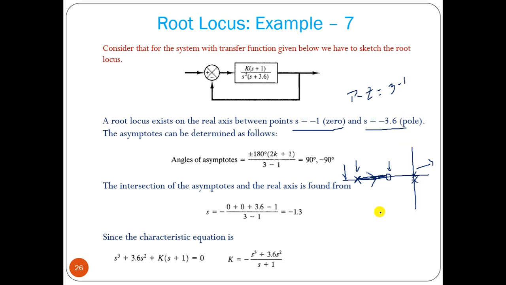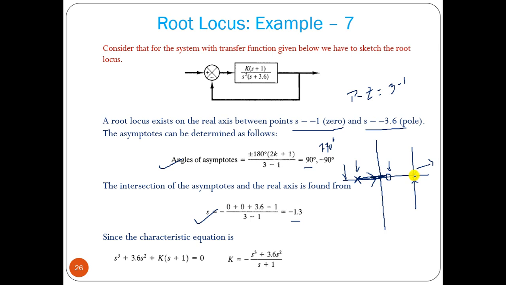Now we can find the angle of asymptote and centroid. The asymptote angles are 90 degree and 270 degree, and the centroid is minus 3.6 plus 1 divided by 2, so minus 1.3. So at minus 1.3 we have asymptotes at 90 degree and 270 degree.